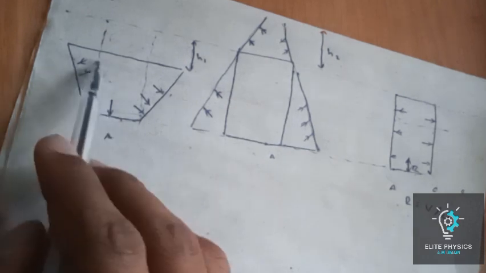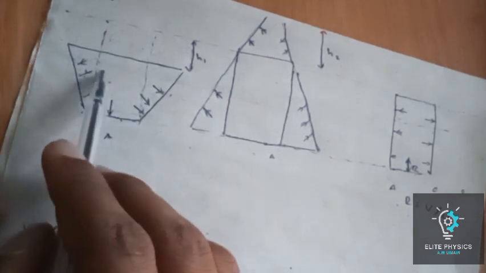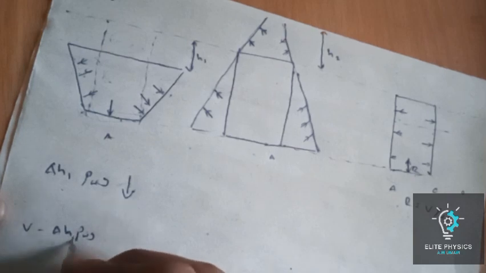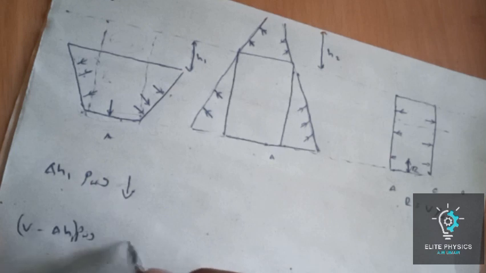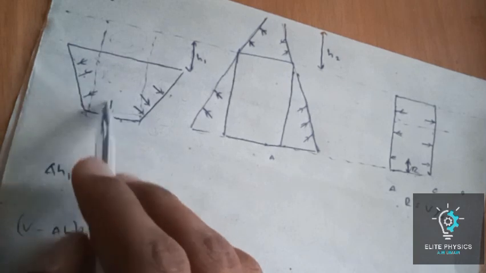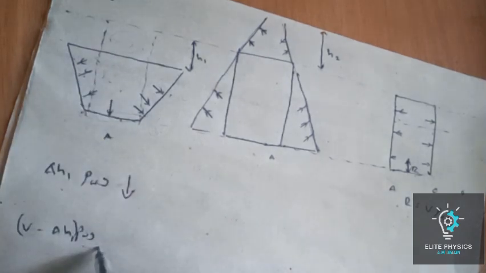That will be the volume of water along this section. And the weight of water along that section, A H1 within brackets, okay, V minus A H1 times rho w g. So that's going to be the volume of water along this section, and the weight which was supposed to be around this point is going to be this, right?